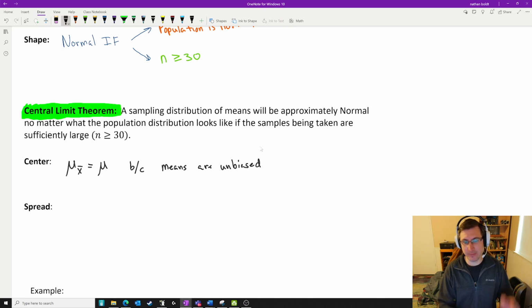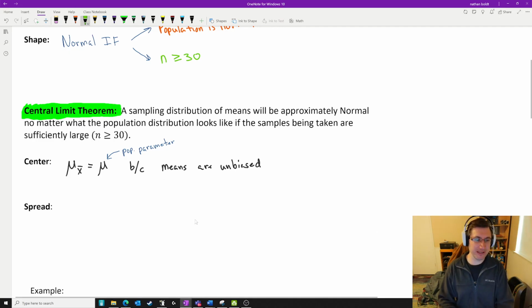So the sampling distribution will be centered on the population parameter. I know the Greek here looks a little weird. Remember, that mu right there is the population parameter, whatever is true for the whole population.